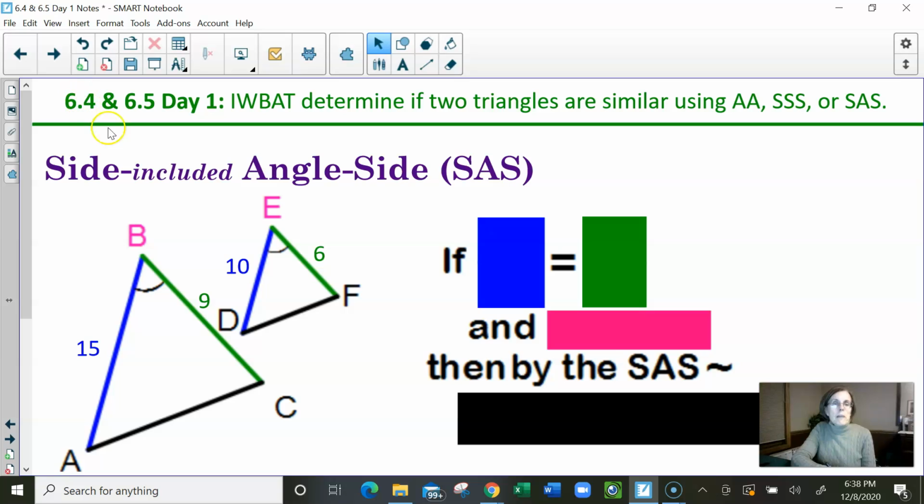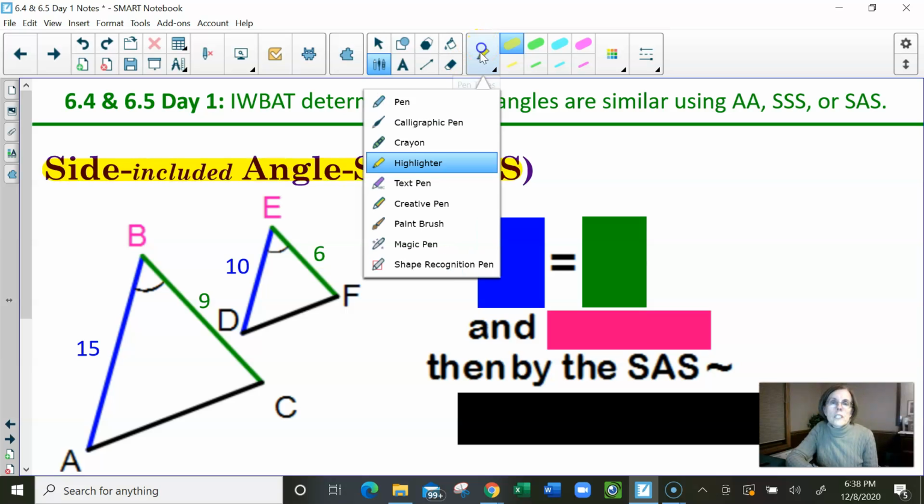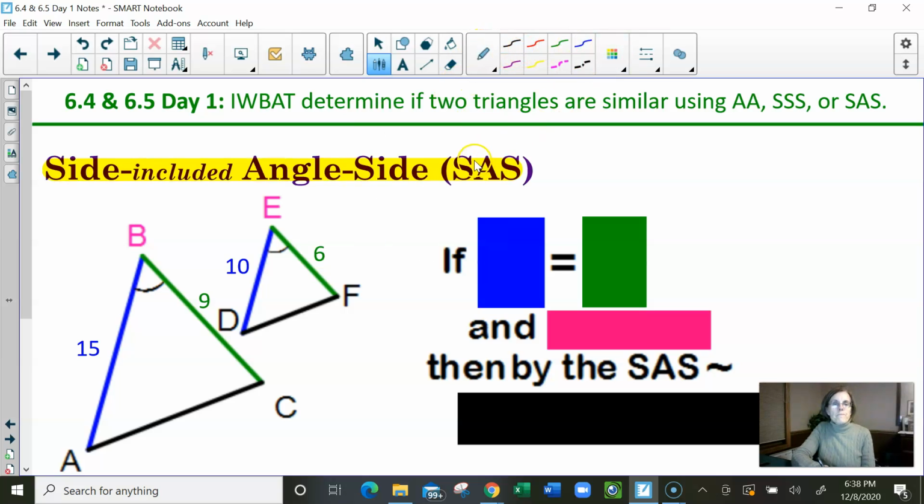And then finally, my third similarity shortcut is side angle side, where you can give a little sass. We need 2 sides and the included angle.